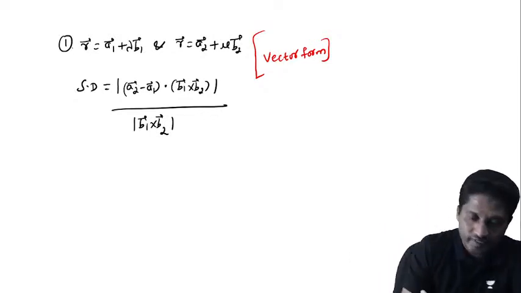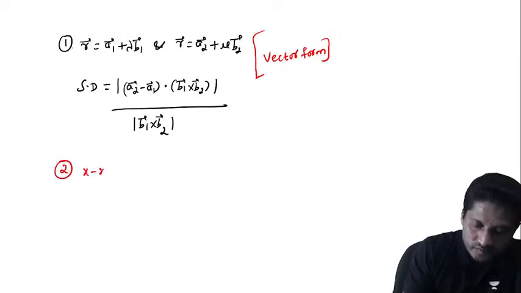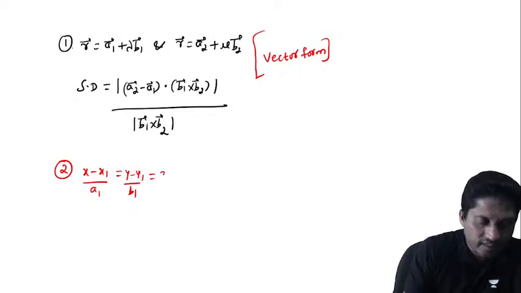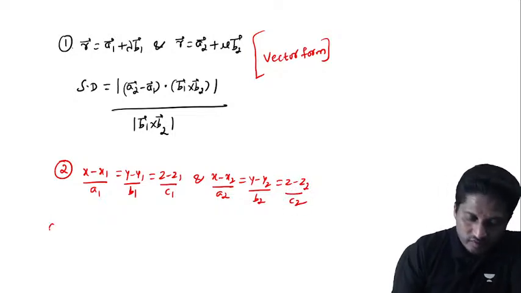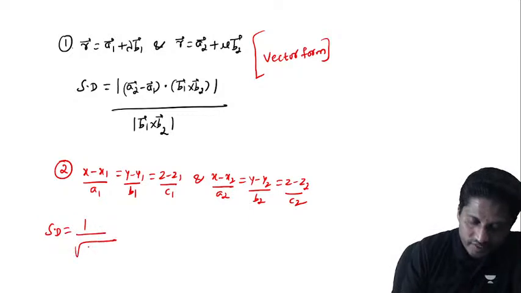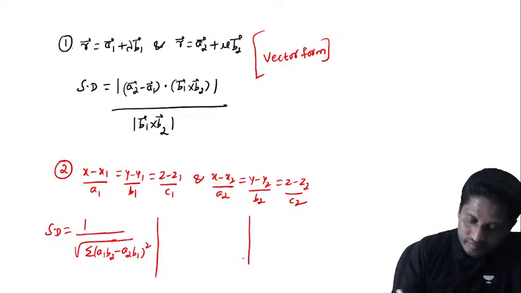If it is Cartesian form, x minus x1 by a1 equals y minus y1 by b1 equals z minus z1 by c1, and x minus x2 by a2 equals y minus y2 by b2 equals z minus z2 by c2, then the shortest distance is equal to 1 by root of summation of a1 b2 minus a2 b1 the whole square, and then the determinant of x2 minus x1, y2 minus y1, z2 minus z1.